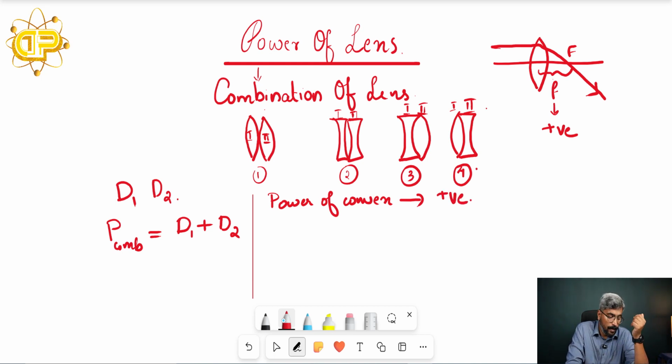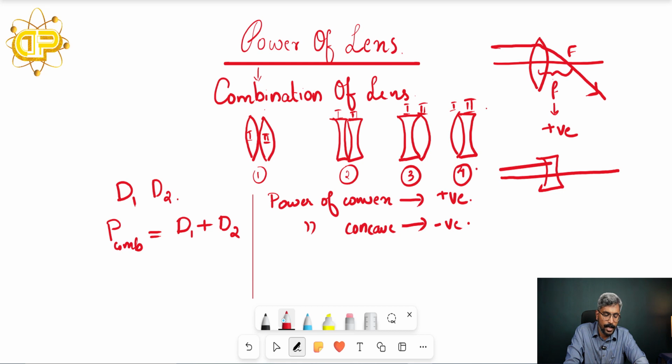And the next one is the power of a concave lens. For a concave lens, the power will be negative. Why is it so? Because if you have a concave lens in your hand and you allow light to fall on it parallel to the principal axis, then it will diverge and move like this, right? So virtually you need to extrapolate it backwards, and you will get a point here.